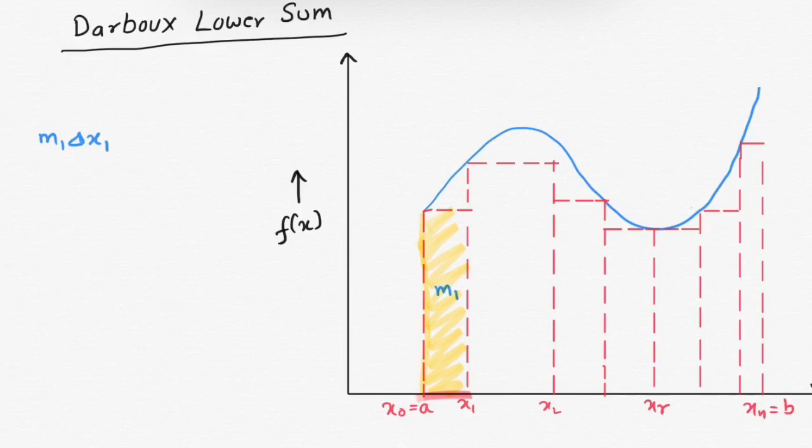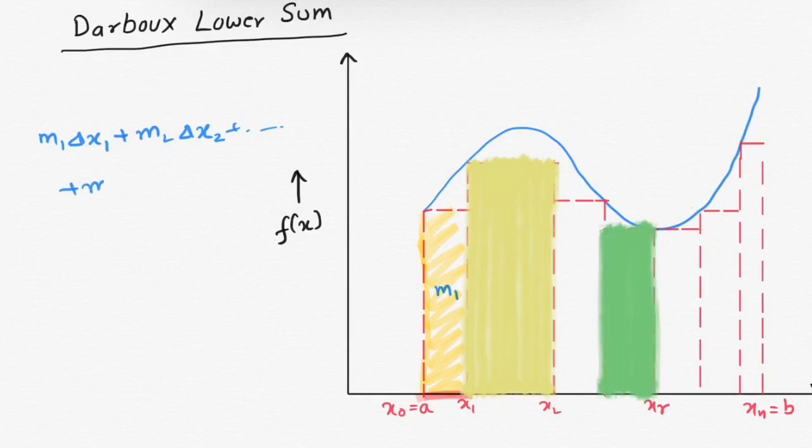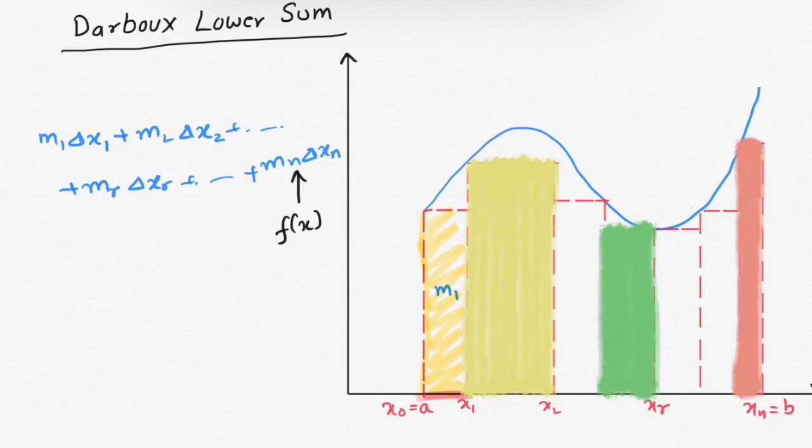Similarly, the area of the second rectangle will be m2 delta x2, and so on. The area of the rth rectangle will be mr delta xr, and the area of the nth rectangle will be mn delta xn. Now writing this sum in summation form, it will be sigma small mi delta xi, i running from 1 to n.